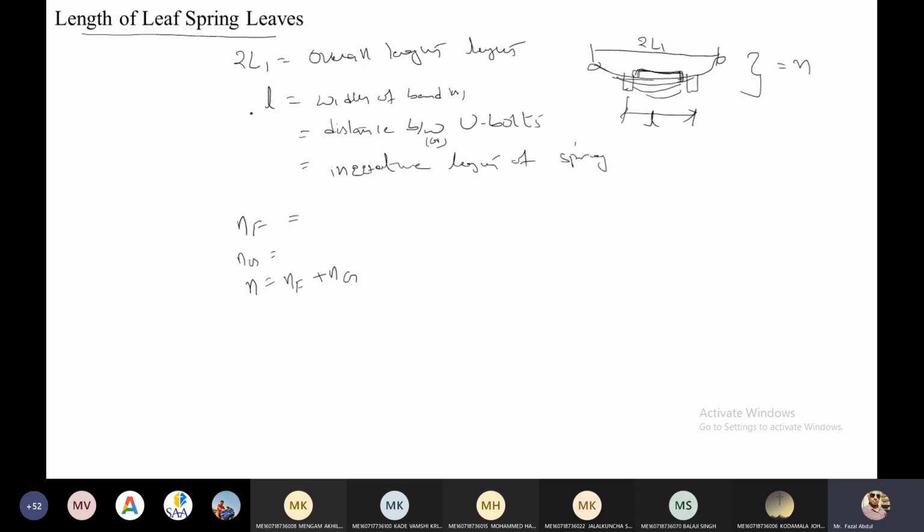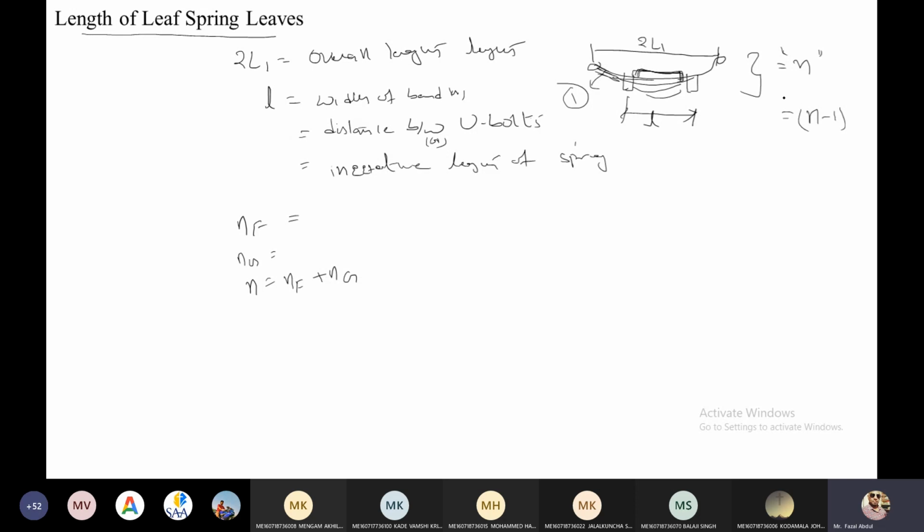Okay. Now here see, when only one full length leaf is used in the spring setup, at this time the number of leaves is considered as n. In this spring setup, if you find more than one, maybe two or three full length leaves are there, then the number of leaves is considered as n minus 1.